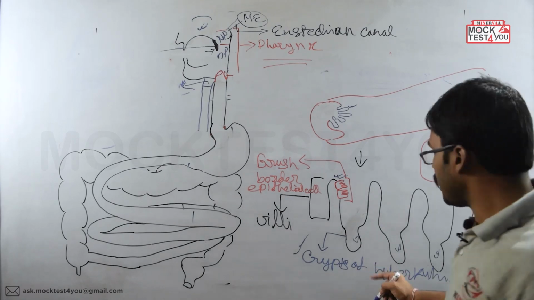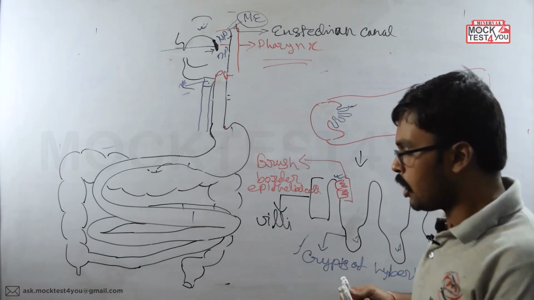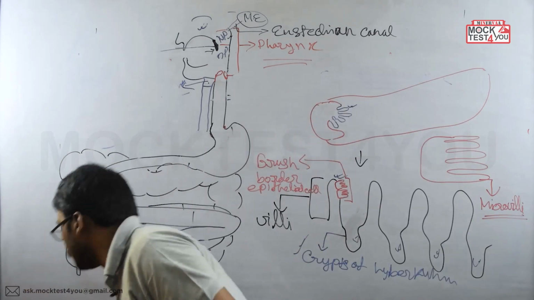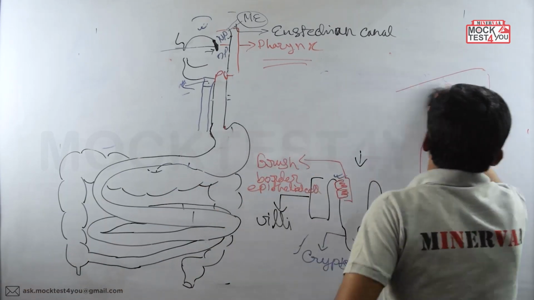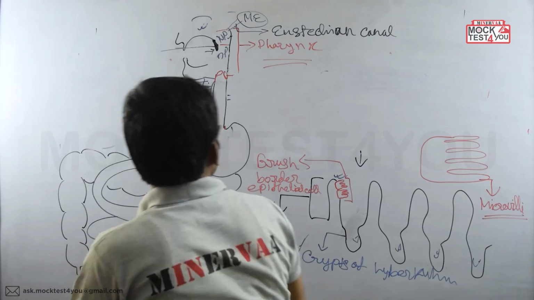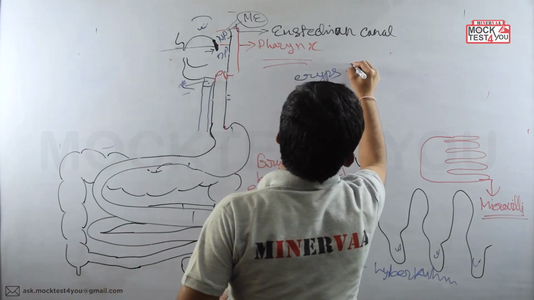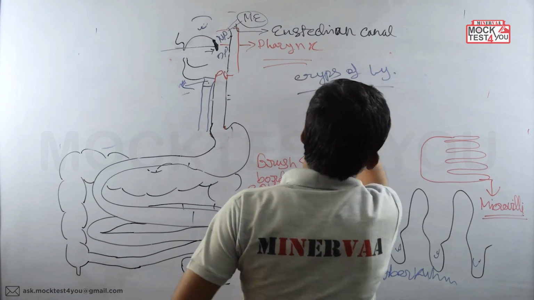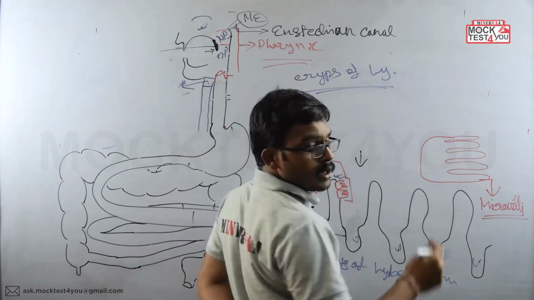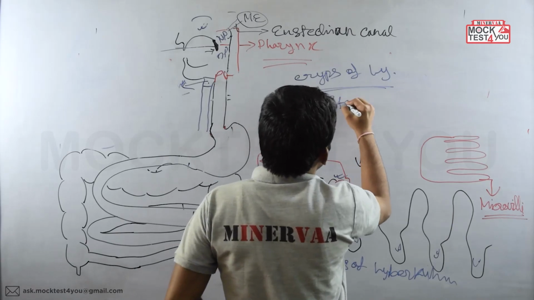Okay, clear? So the crypts of Lieberkühn first of all contain the stem cells.